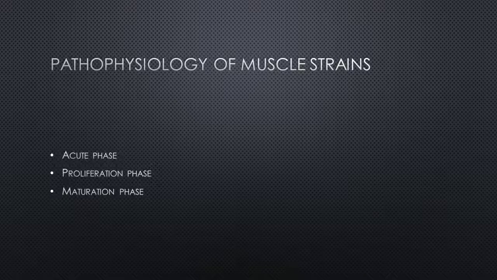If we look at the pathophysiology of muscle strains, again, reviewing, we have three phases. We have our acute phase, which is characterized by rupture and ensuing necrosis of the myofibers, the formation of a hematoma, and the inflammatory cell reaction.